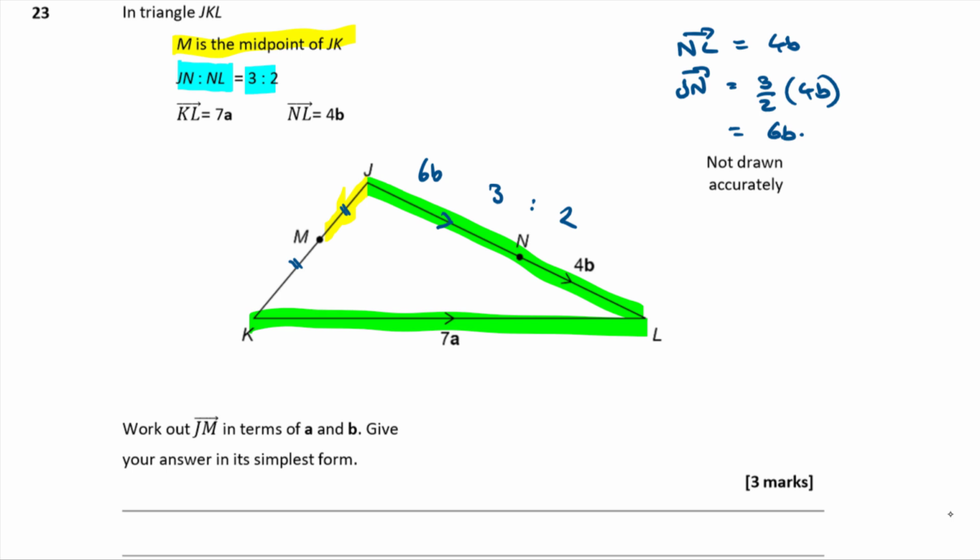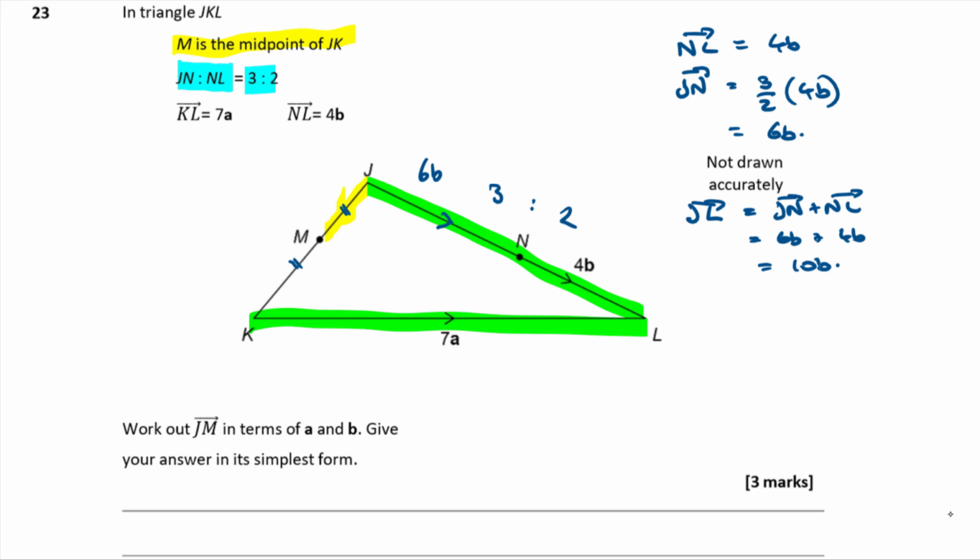And that tells me also that J to L is J to N plus N to L, which is 6B plus 4B, which is 10B. Okay, so I know J to L is 10B.